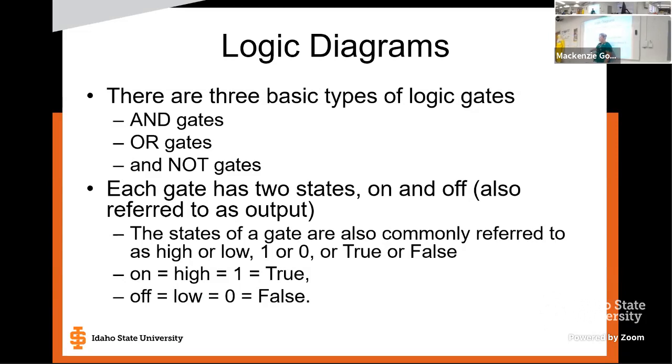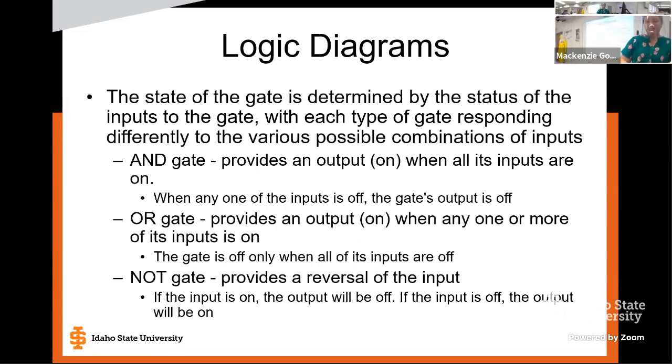And then these are their opposites. Okay? The state of the gate, or the output that it gives, is determined by the status of the inputs to the gate, right? Each type of gate will respond differently to the various possible combinations of inputs.